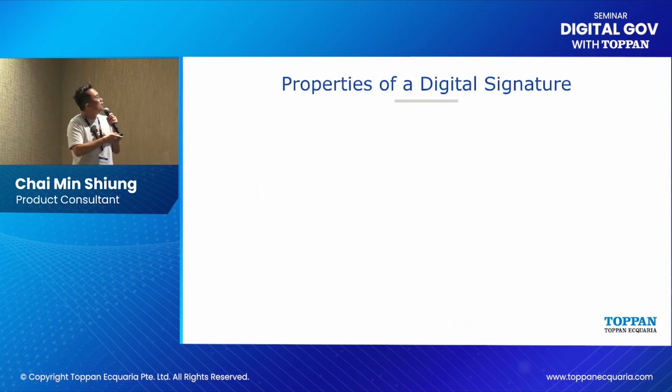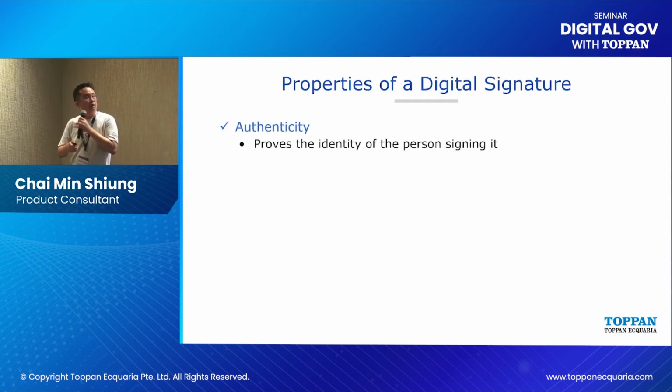All right. So with a digital signature, this is what you will achieve for your business transaction. The digital signature is cryptographically linked to the signer and the electronic record.